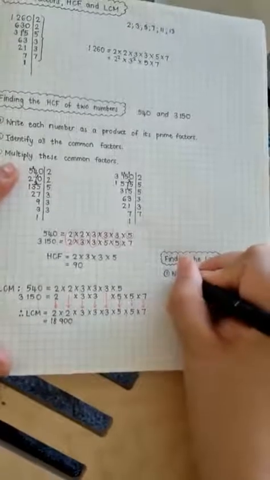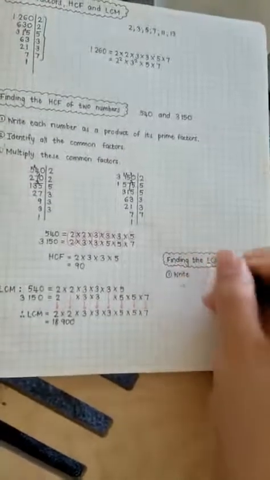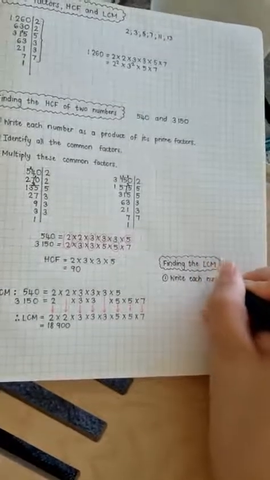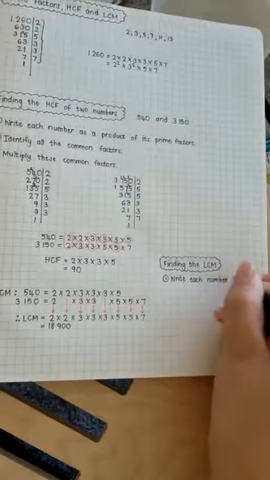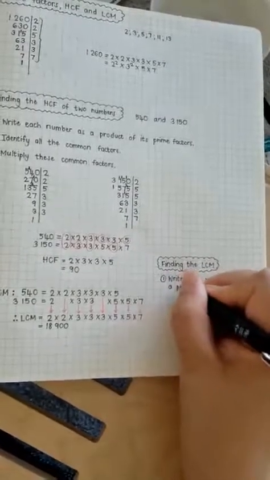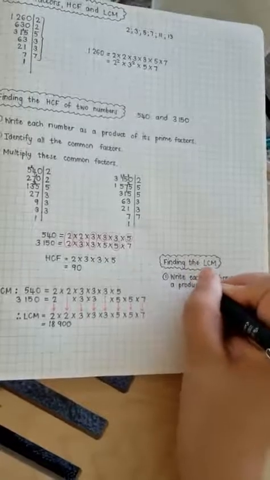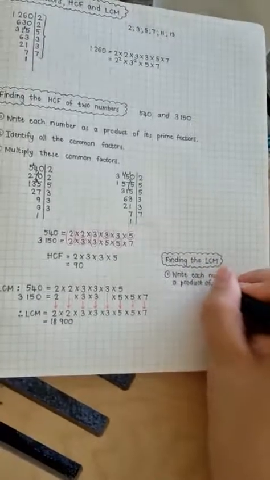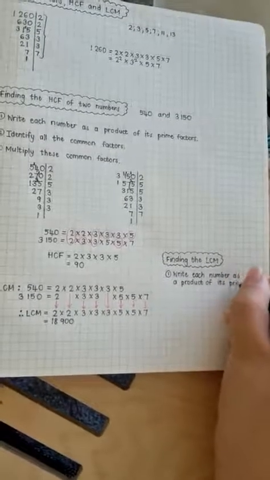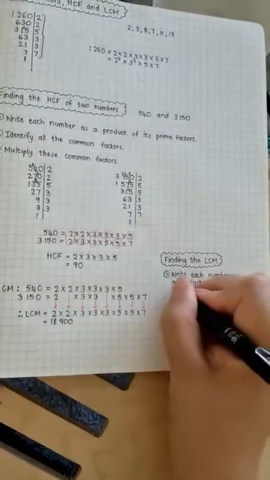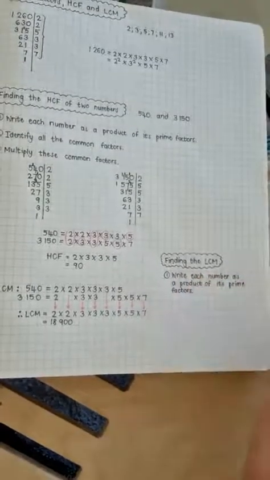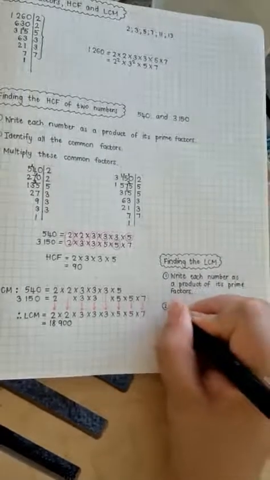So again, I'm going to write for step 1, write each number as a product of its prime factors. Okay, that's step 1.